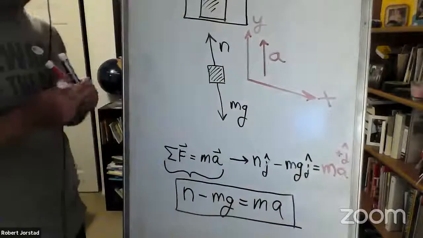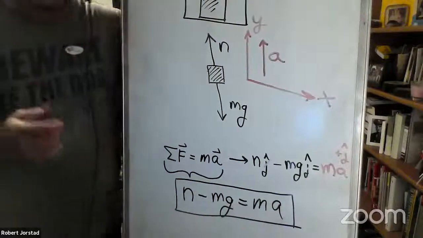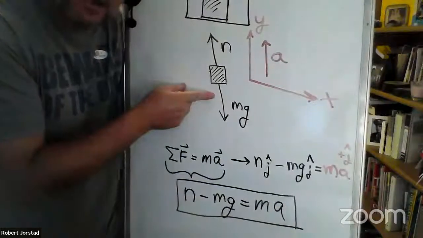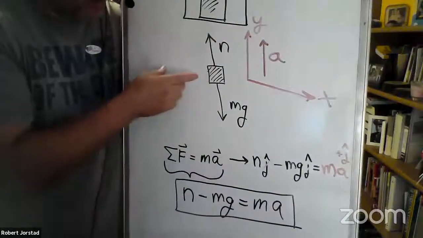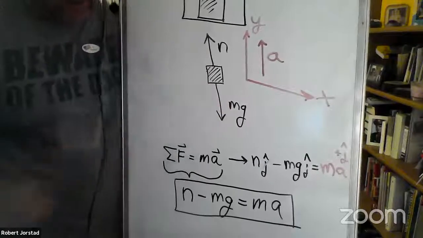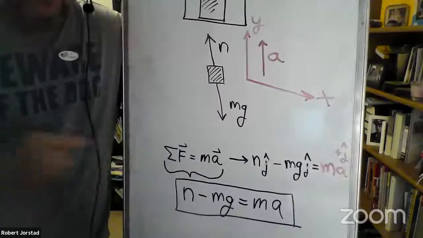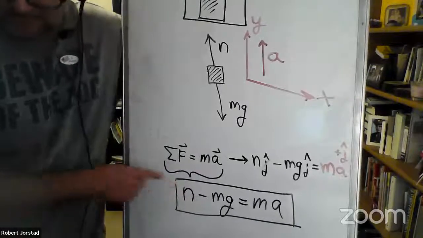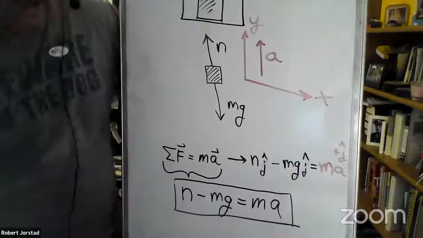So notice, under what circumstance will the normal force equal my weight? Under what conditions in the real world will the normal force magnitude equal the weight magnitude? When MA is 0.